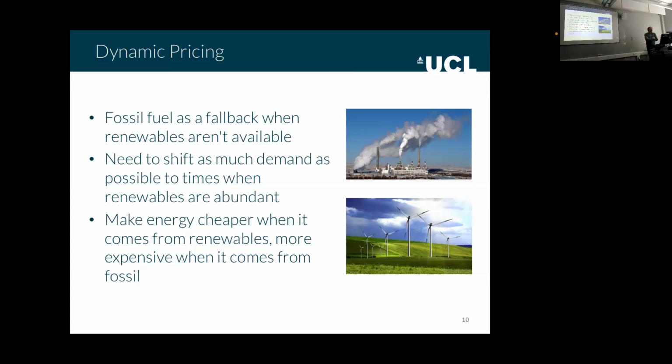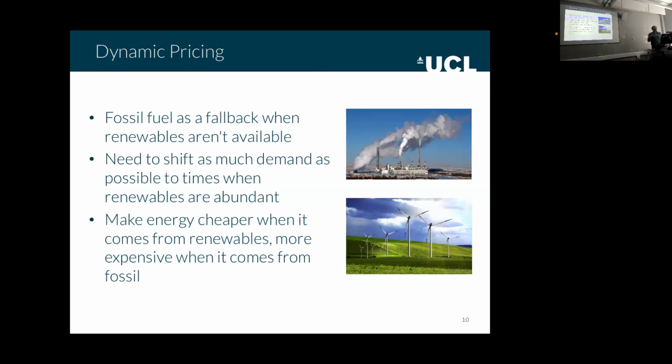However, we need to think about strategies to shift as much as possible of our consumption to periods of time where renewables are abundant. One strategy that has been discussed for a long time in the energy literature and now has been turned into practice is to provide financial incentives for people to consume more when energy comes from renewable sources. The idea is that of dynamic pricing: basically make energy more expensive when it comes from fossil fuel and make it cheaper when it comes from renewable sources.